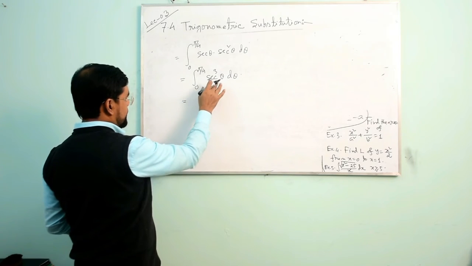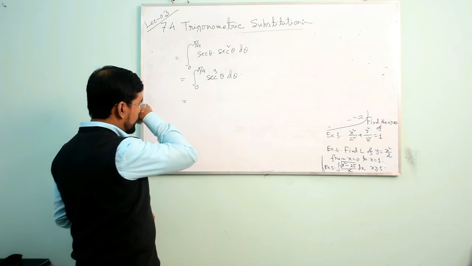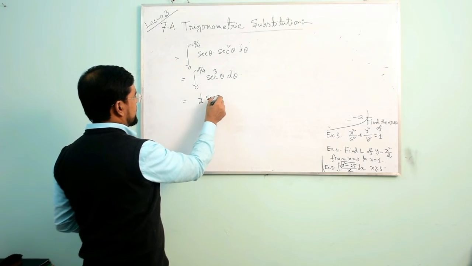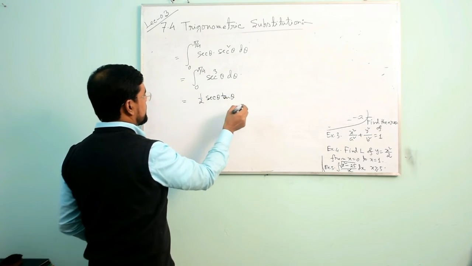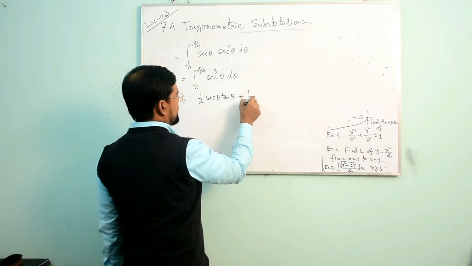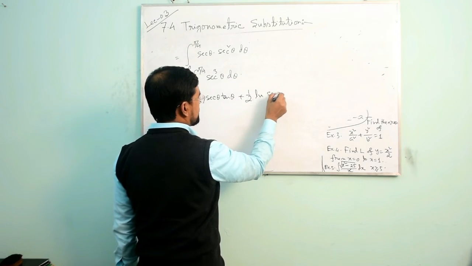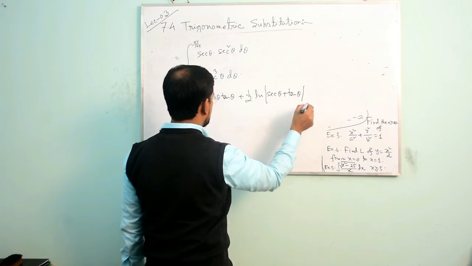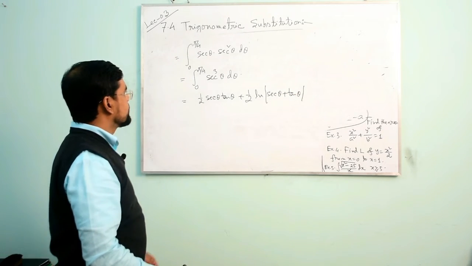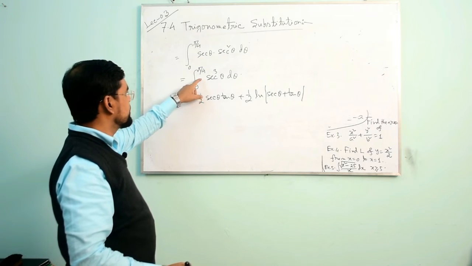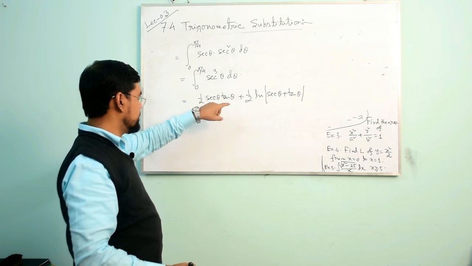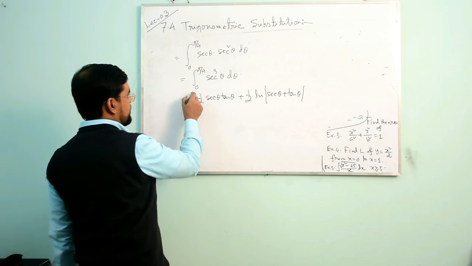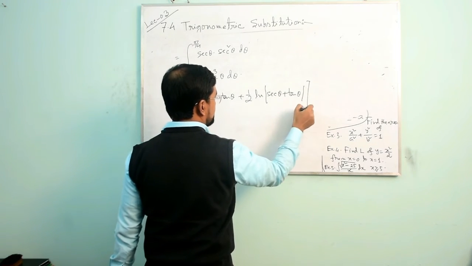As you know, by using the reduction formula of this one, we can write half sec theta tan theta plus half ln absolute value of sec theta plus tan theta. So this is the integration of sec cube theta by using the reduction formula, and now you can replace your limit.